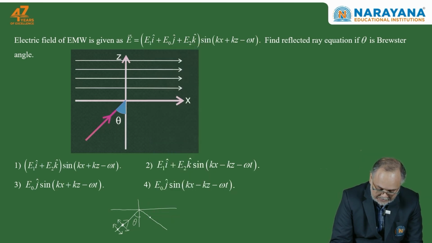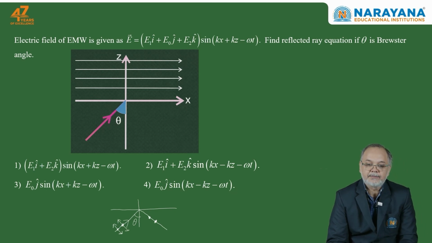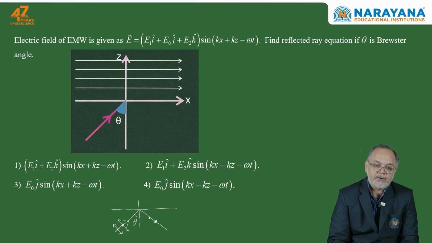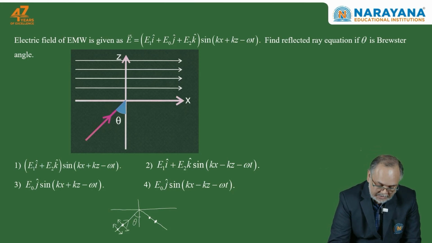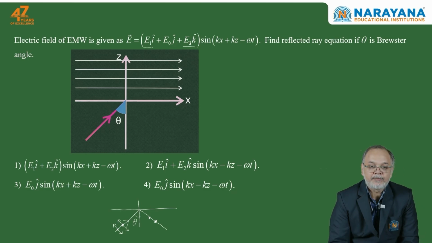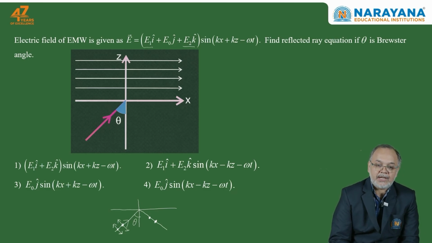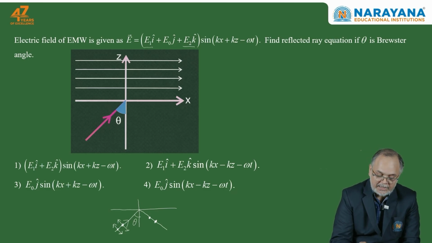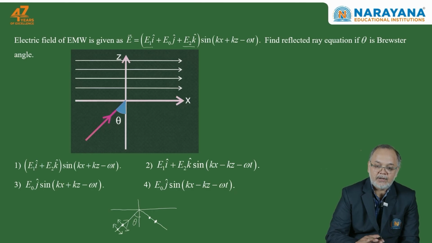That is the one perpendicular to the plane, you can say this dot component. So in the problem, if you see E1 i cap plus E2 k cap, these two are in the xz plane itself, so these components will be absorbed.